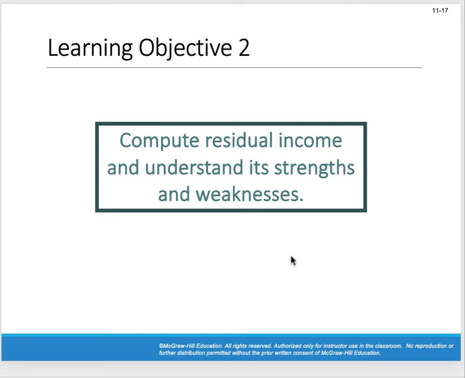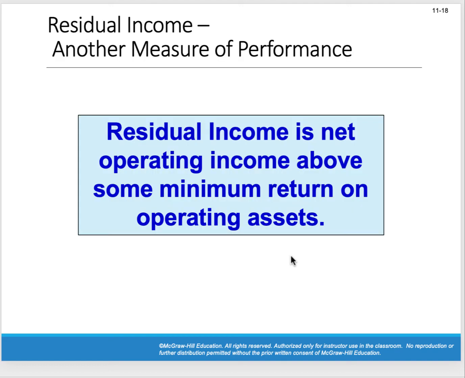Okay? So now that we have return on investment under our belts, we need to look at residual income and understand what it is, how we calculate it, and what the strengths and weaknesses of residual income are. Okay? So when we calculate residual income, basically it is the net operating income above some minimum return on operating assets.